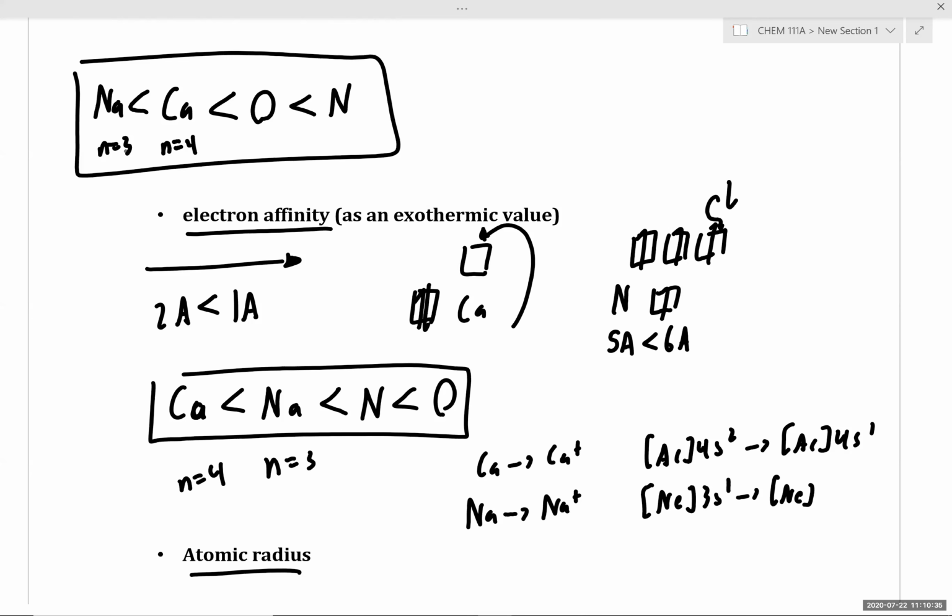It is substantially more facile. It costs a substantially lower amount of energy to remove an electron from a 1A element than a 2A element, because you're generating a noble gas configuration, which is particularly stable. Does that make sense?